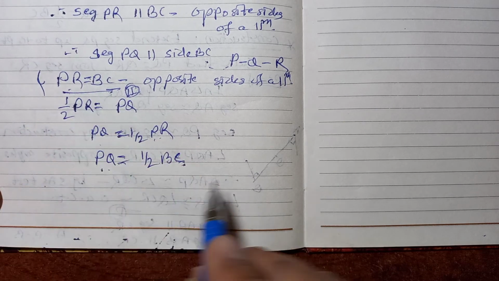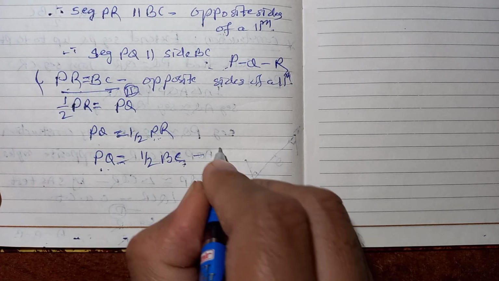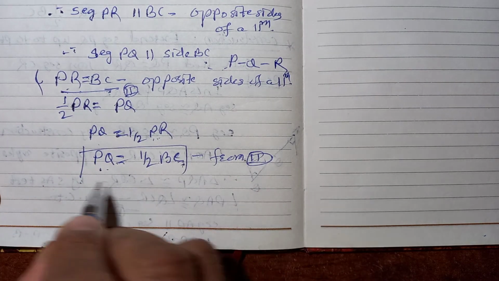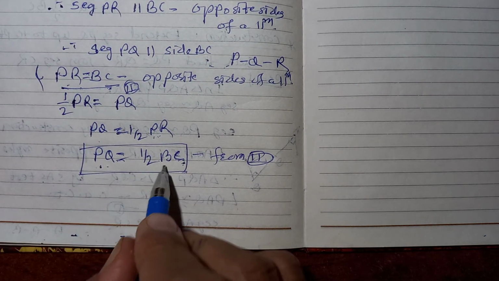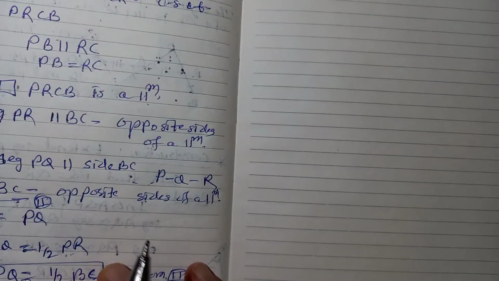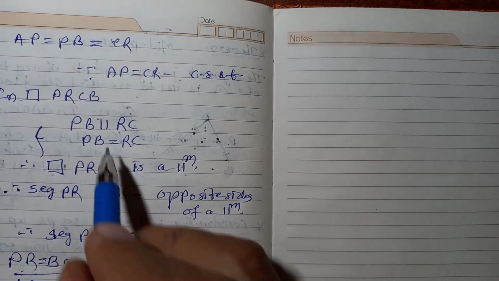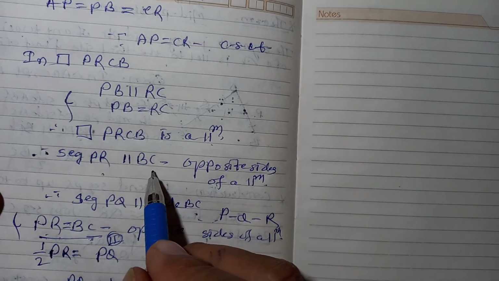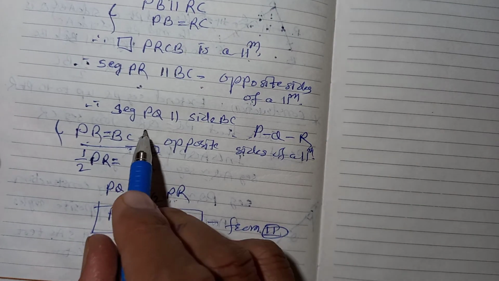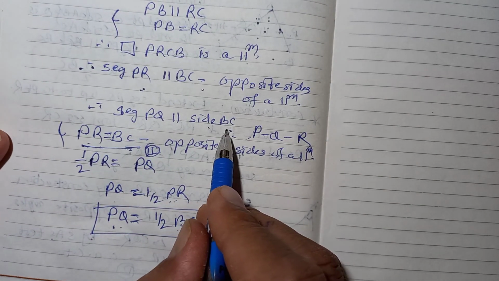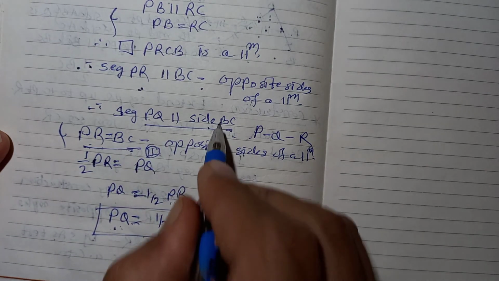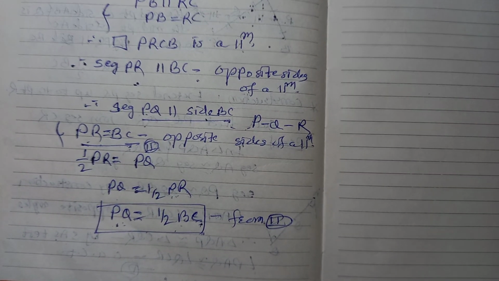Because PR and BC are the same from second. Okay. So both parts we have proved. This PQ is half of BC, and also we showed this PR is parallel to BC. See, PR is parallel to BC, meaning PQ is parallel to BC. We showed the first part, and also this PQ is half of BC. This is the required proof.